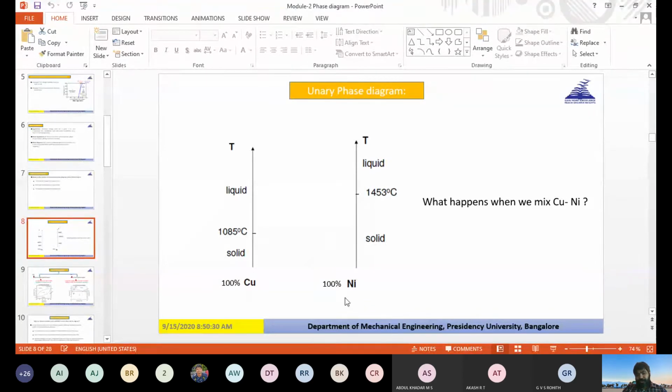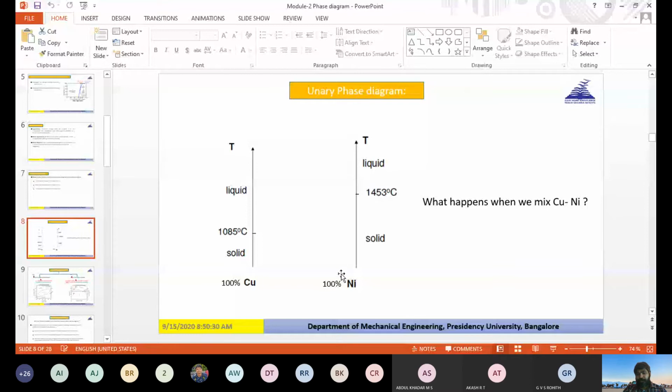Now, similarly, when you take 100% nickel and start heating the nickel, you will find that at 1453 degrees Celsius, all this solid nickel will be converted into liquid nickel. This is the melting point of nickel, 1453 degrees Celsius, which is much higher than copper.